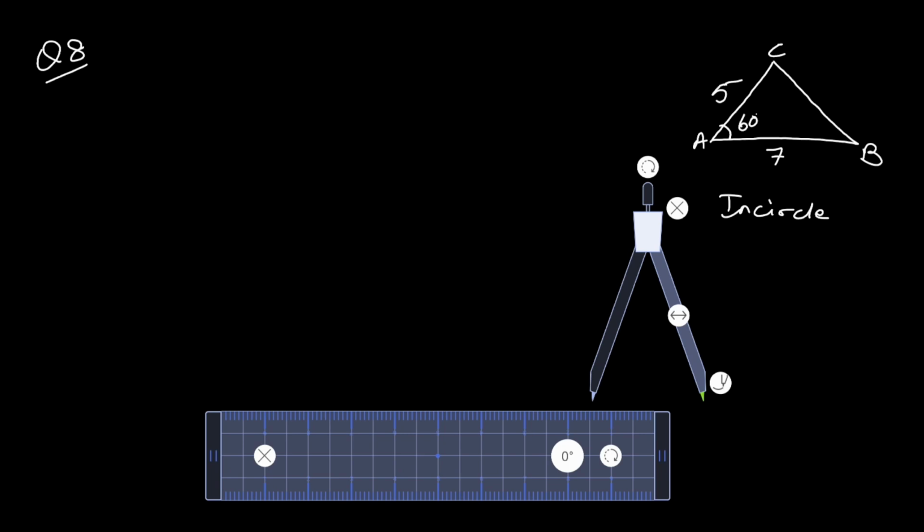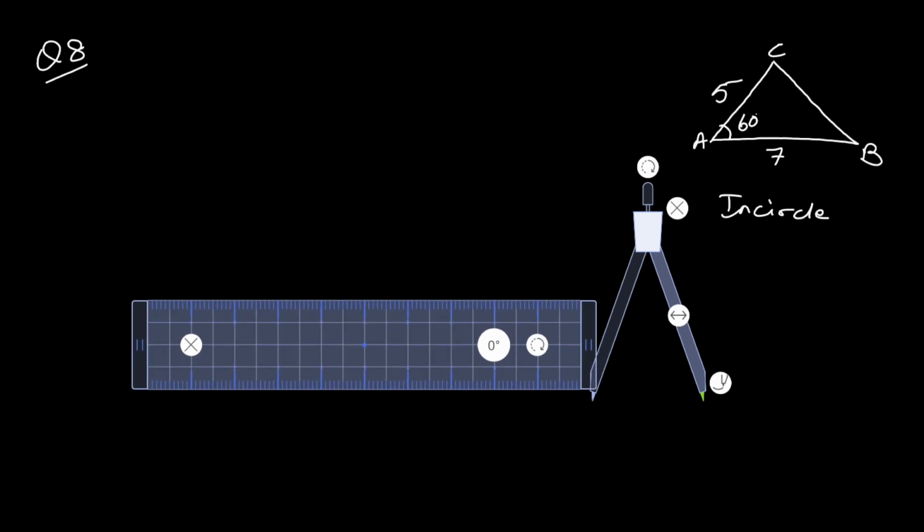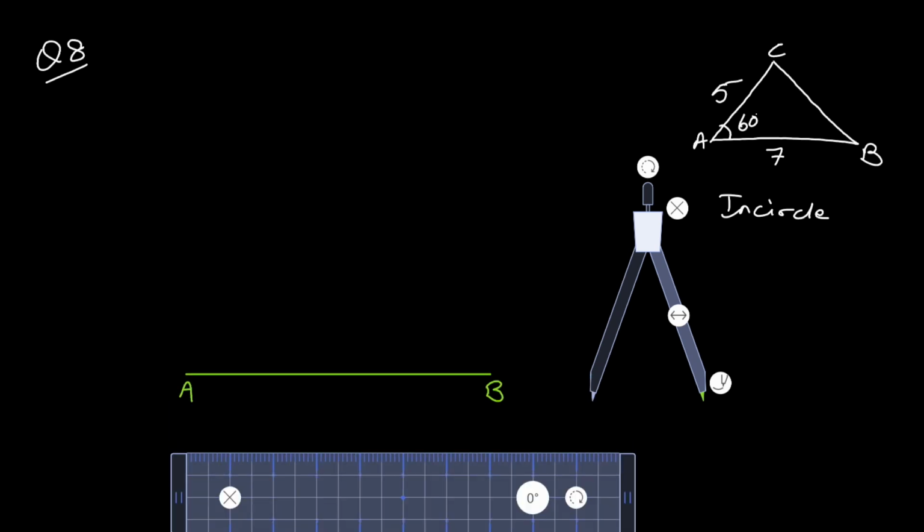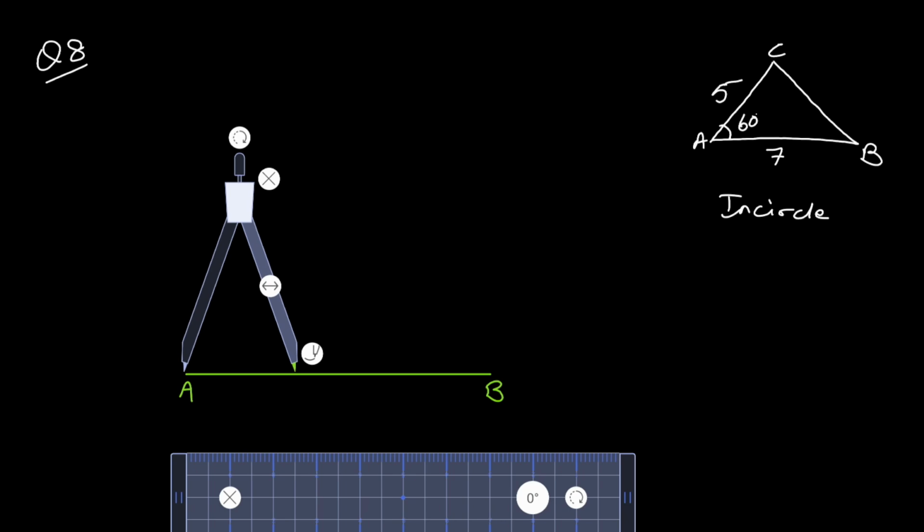First draw the line segment AB of 7 centimeter. At point A you have to construct 60 degrees.